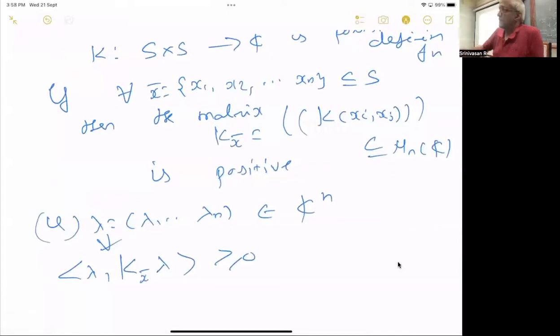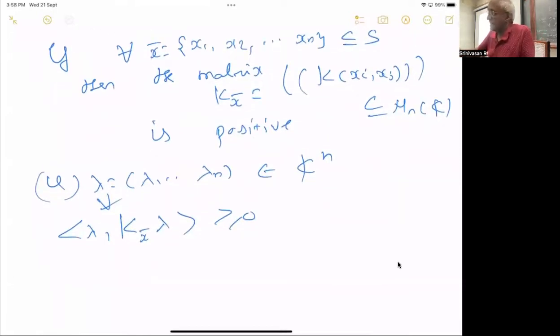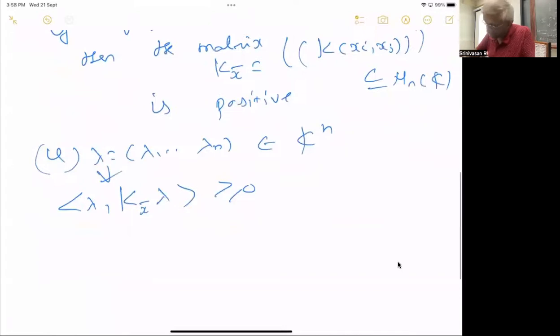By positivity, we mean precisely this: the inner product of lambda with K_x lambda is greater than or equal to 0. What is this inner product? Lambda is a vector, lambda i for i equal to 1 to n.